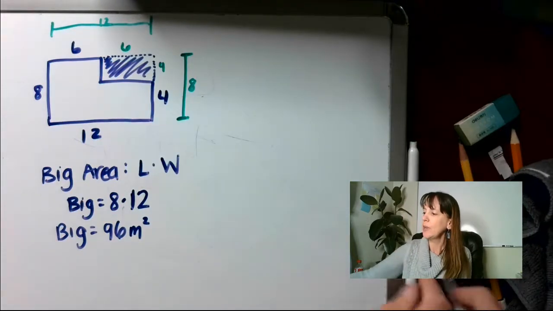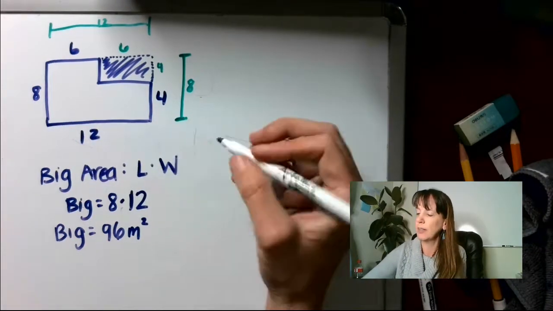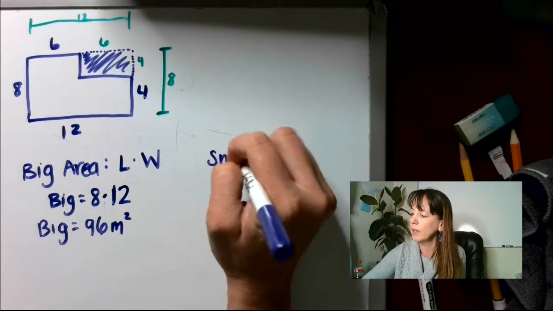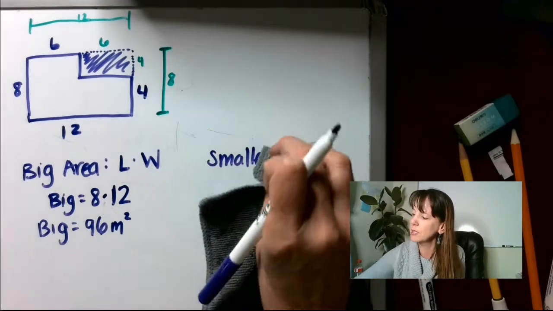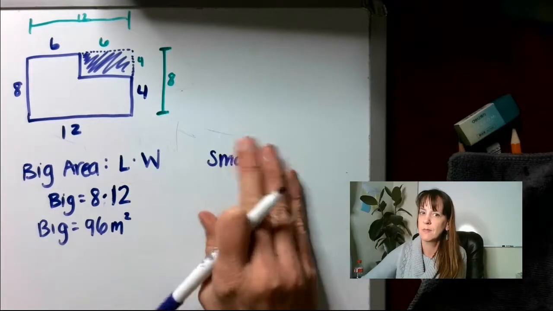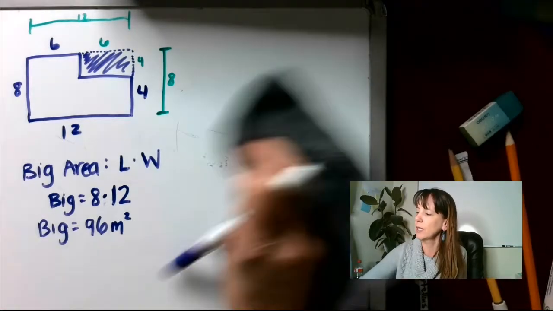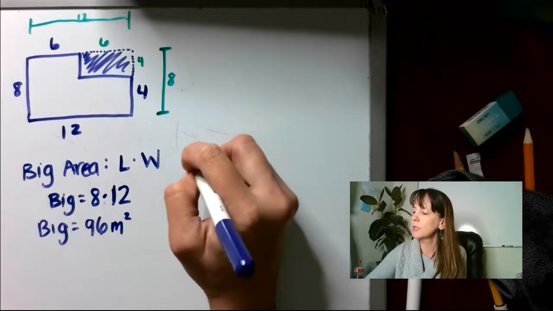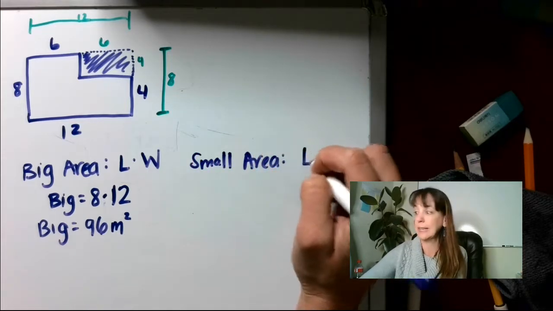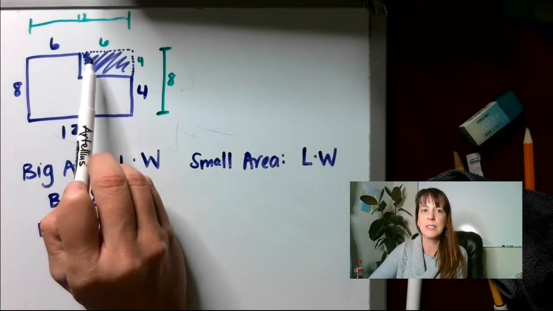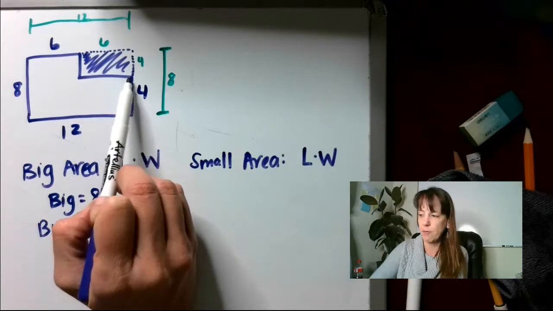So now we have the small area. So the smaller one, the dimensions, maybe I'll write small. All right, so small area, again, that's going to equal the length times the width. And the dimensions now are 6 by 4.